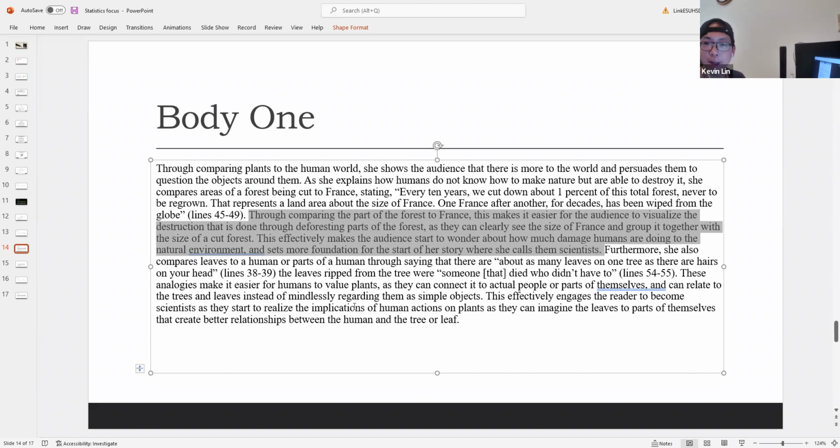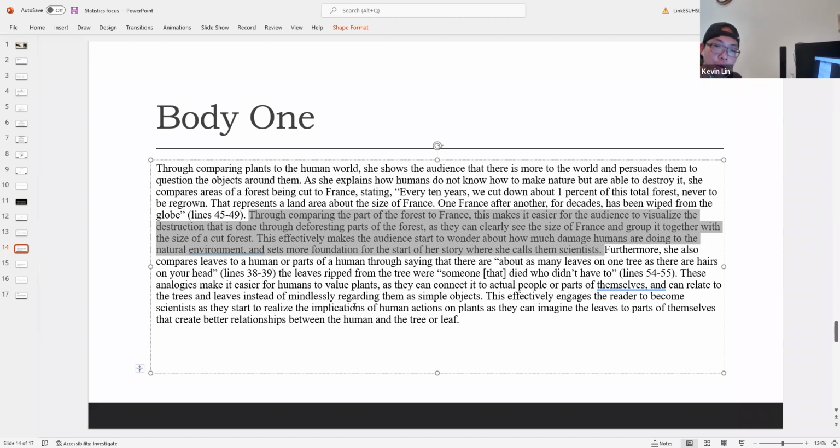Why does this make us buy into it here? They wrote, through comparing the part of the forest to France, this makes it easier for the audience to visualize the destruction that is done through deforesting parts of the forest, as they can clearly see the size of France and group it together with the size of a cut forest. This effectively makes the audience start to wonder about how much damage humans are doing to the natural environment, and sets more foundation for the start of her story, where she calls them scientists.